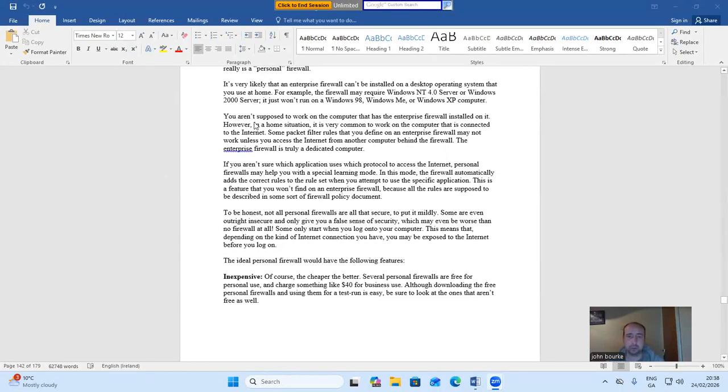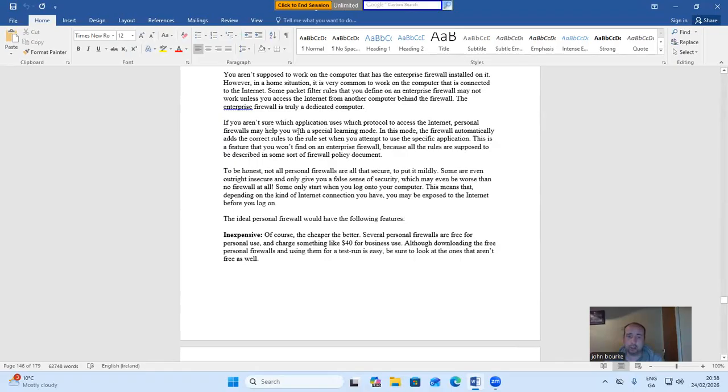You aren't supposed to work on the computer that has an enterprise firewall installed on it. However, in a home situation, it is very common to work on the computer that is connected to the internet. Some packet filter rules that you define on an enterprise firewall may not work unless you access the internet from another computer behind the firewall. The enterprise firewall is truly a dedicated computer.